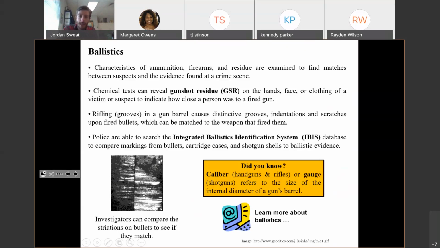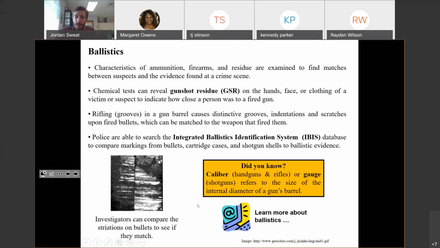These pictures, these lines that are in this bullet are marks from the rifling on the inside of that gun barrel. We identified IBIS, the Integrated Ballistics Identification System. So that's that database that houses many thousands of samples of evidence collected from specific crimes. Some have been solved and some are yet to be solved.